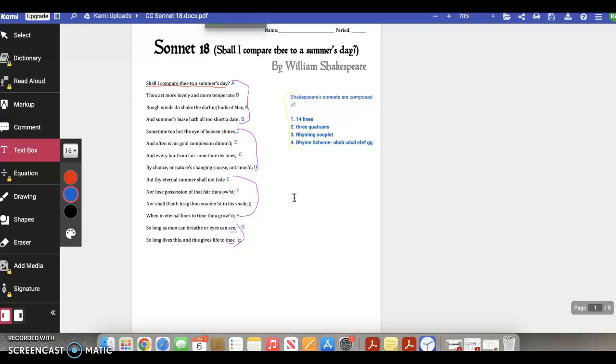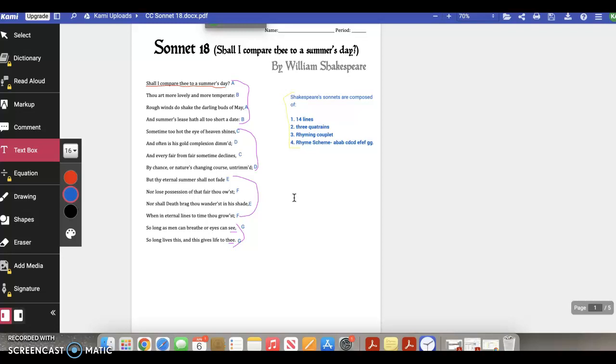Sonnet 18. Shall I compare thee to a summer's day? Thou art more lovely and more temperate. Rough winds do shake the darling buds of May, and summer's lease hath all too short a date. Sometime too hot the eye of heaven shines, and often is his gold complexion dimmed, and every fair from fair sometimes declines, by chance or nature's changing course untrimmed.